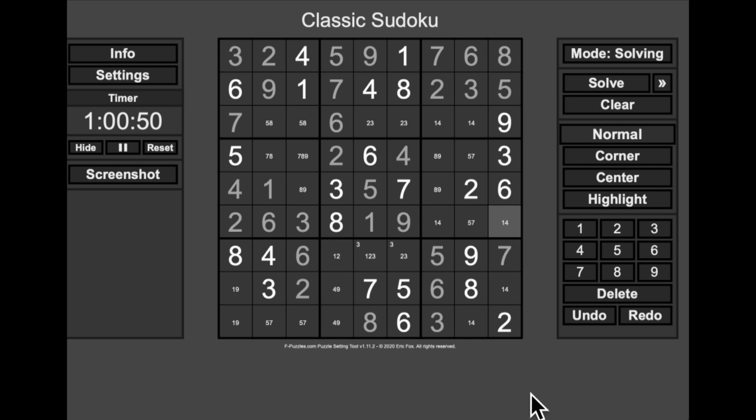Hmm. I mean, I've got 2 cells that simultaneously have to be 4. That can't be right. I've got a deadly pattern here. This is irritating.